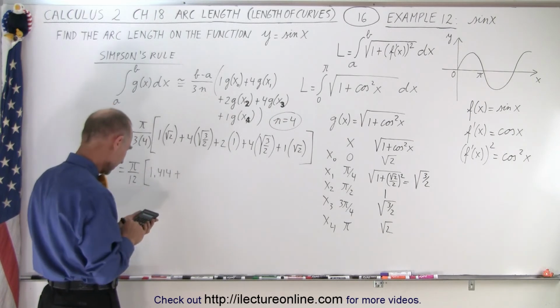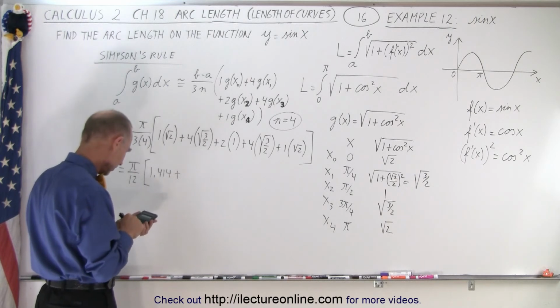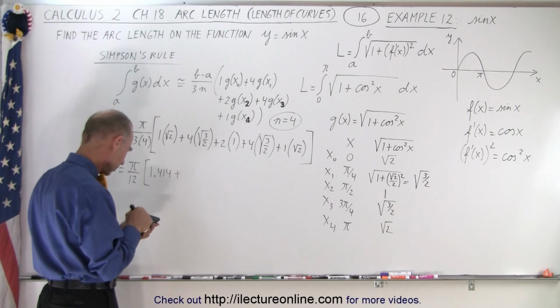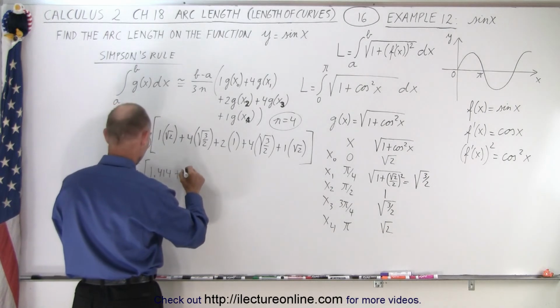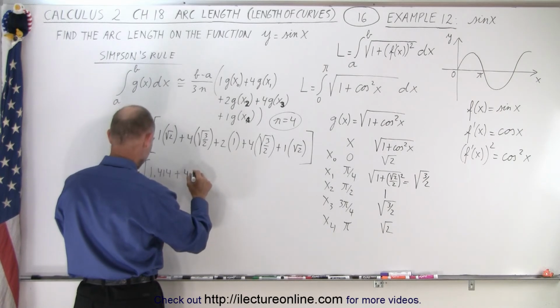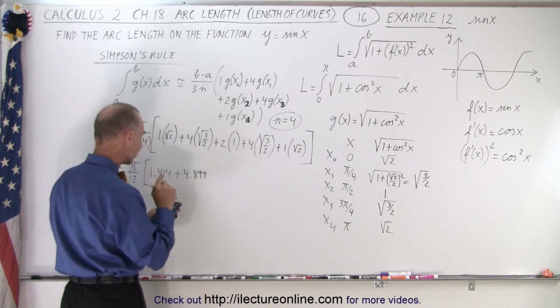Let me do this again. So take the square root of 2 plus the intermediate value, 1.5, take the square root, times 4. I think it says 4.899, equals. All right, that's good.